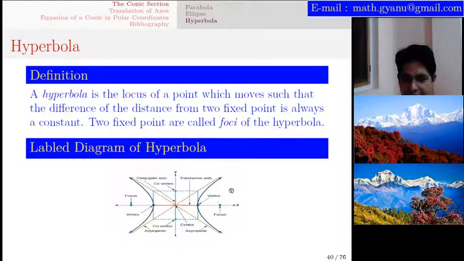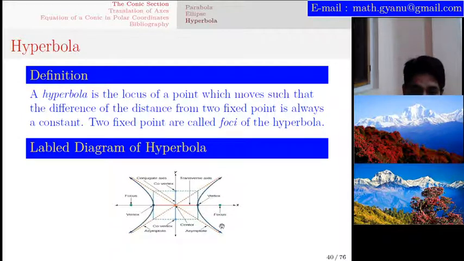They are labeled here: transverse axis, conjugate axis, co-vertex, center, asymptote, focus. All the components are here, and I hope you will be able to memorize the picture, and you will think what types of curve will occur.